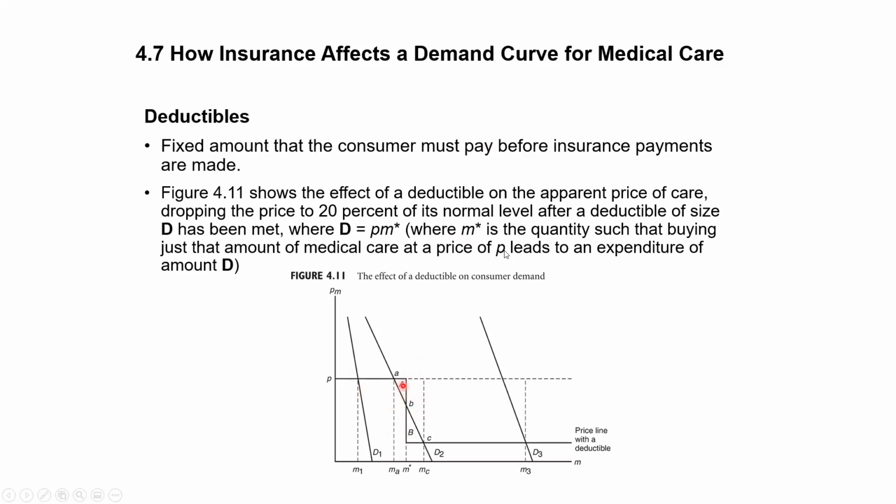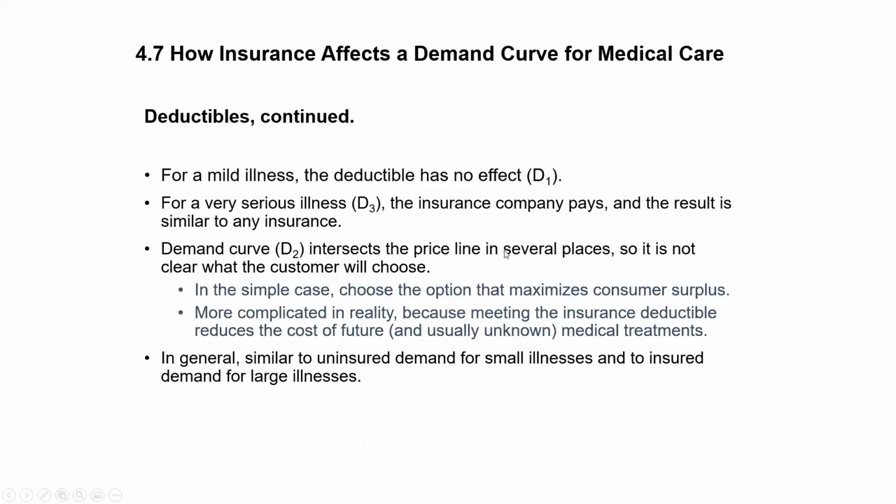Value is generated by consuming at that point. It's important to note, for example, that for a mild illness or a very serious illness, the result is similar to insurance.